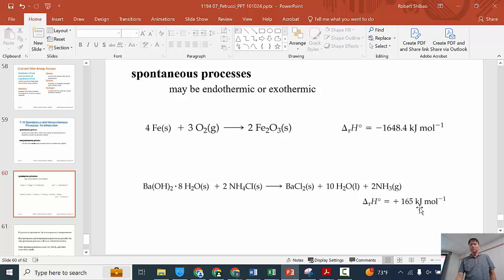This entropy thing is going to be looked at in Chem 1B. There are going to be a lot more symbols introduced in Chem 1B, and more equations and more restrictions.